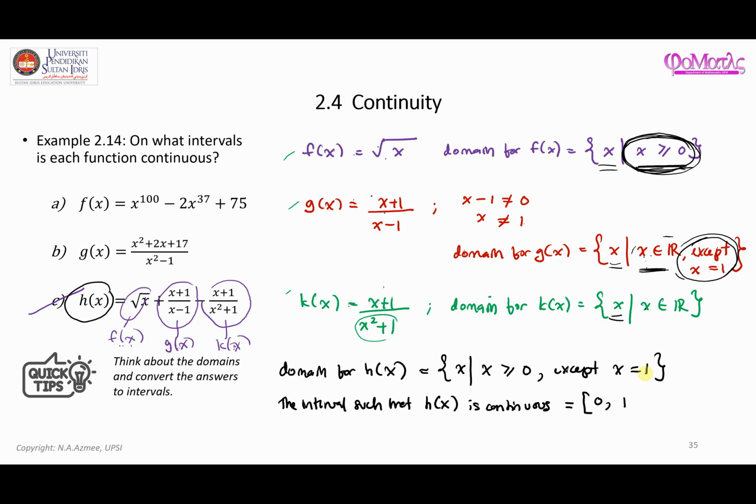So x equals 1 is not included, so we're going to use the round bracket, and this will be a union with 1. Greater than or equal to 0 means it can go on forever until positive infinity. So it's going to be from 1 to infinity. It doesn't include infinity, and it doesn't include 1 here. So that's the interval such that h(x) is continuous.